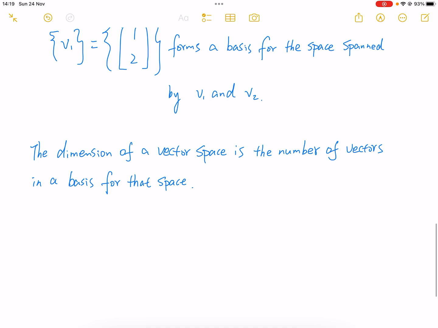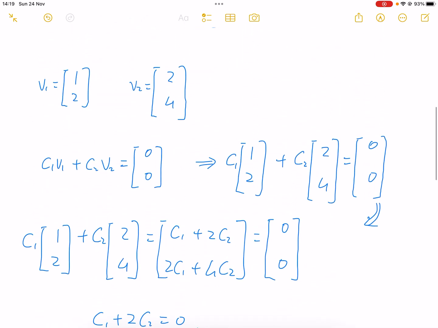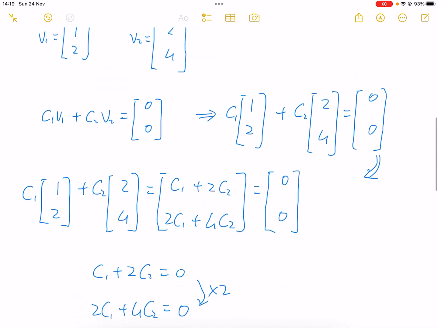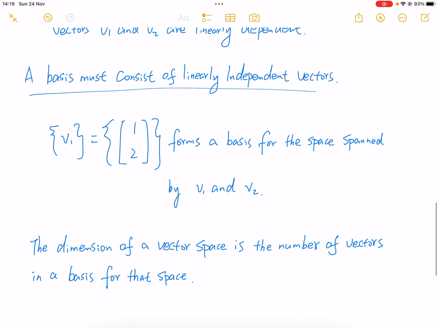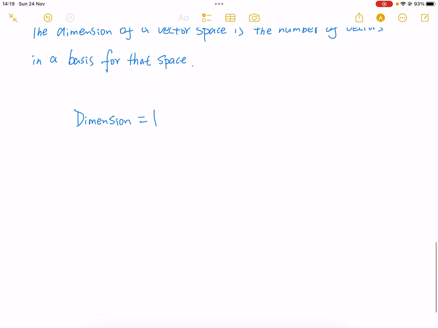And we only need one vector to form a basis for this space. So the dimension of this vector space is 1. That's it. The vector space spanned by v1 and v2 is a one-dimensional space, meaning it's a line in two-dimensional space.